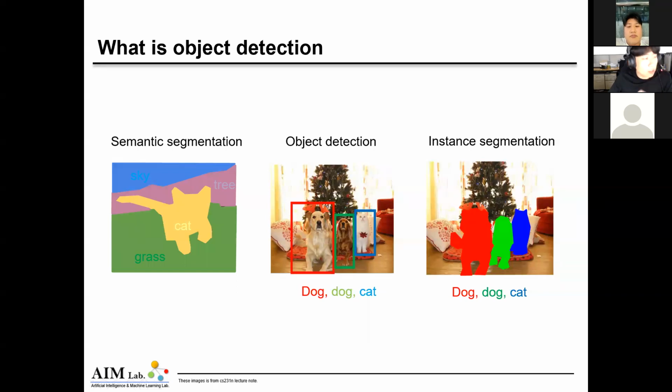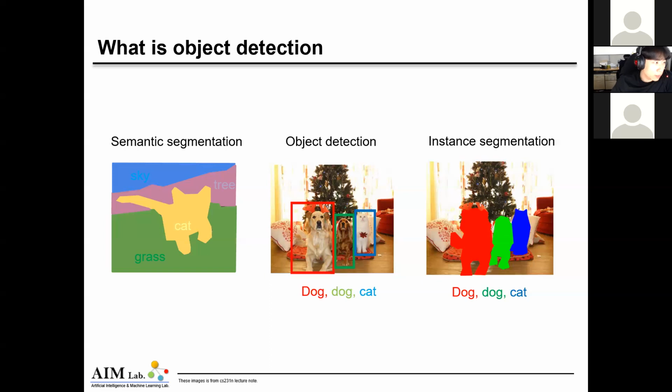So I'm gonna talk about what object detection is. As you can see on the page, the left side is semantic segmentation. That means it classifies each pixel to some class it belongs to. So the blue part means sky, and tree, and cat, and some grass. But most object detection uses boxes to propose where each object is located.